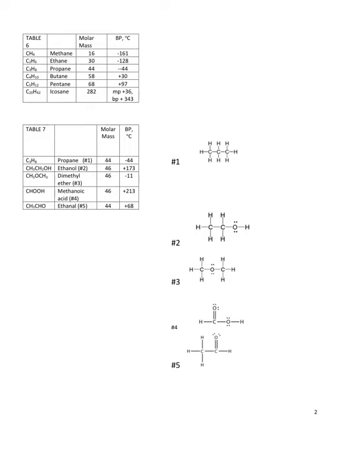Let's look at these two last tables. Table 6 shows a series of compounds that we call alkanes. They're all organic molecules, and they contain carbon and hydrogen, and we could also refer to them as being hydrocarbons.